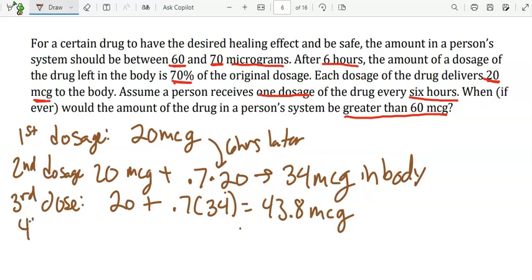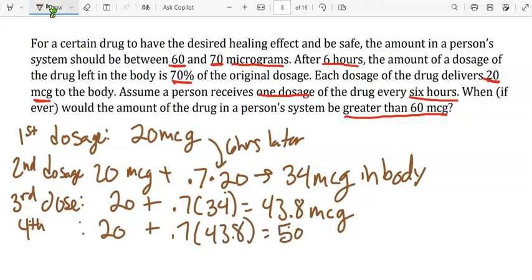And then we have the 4th dose. You add another 20 micrograms plus 70% of the 43.8 micrograms. That gives 50.66 micrograms.